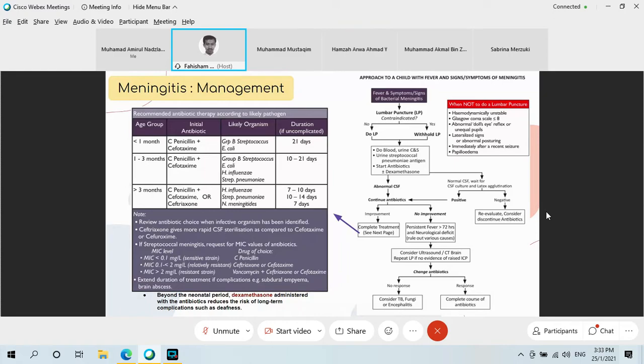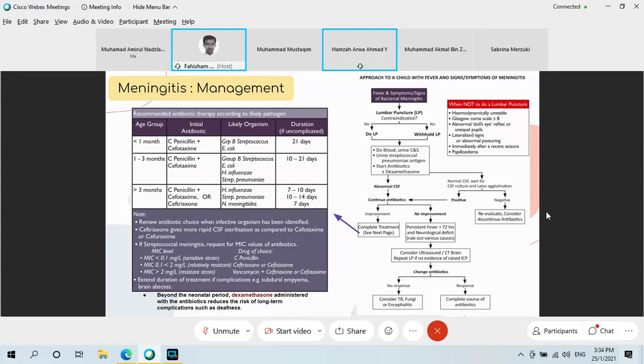If it's E. coli meningitis, you can't give DEXA, because E. coli meningitis is a gram-negative organism. Gram-negative organisms are devastating. They can kill you. Group B strep are gram-positive. Gram-positive can kill as well, but it's not that devastating. Usually with Haemophilus and strep, you can also give dexamethasone. But for the rest, like E. coli, you don't need to do it.